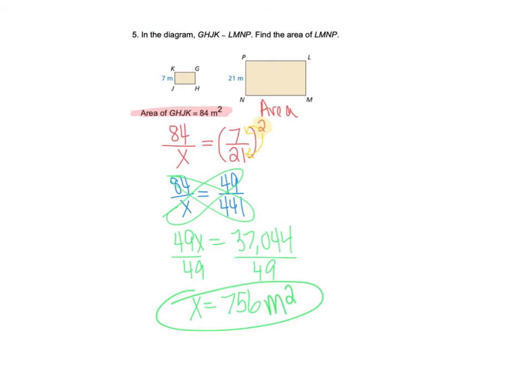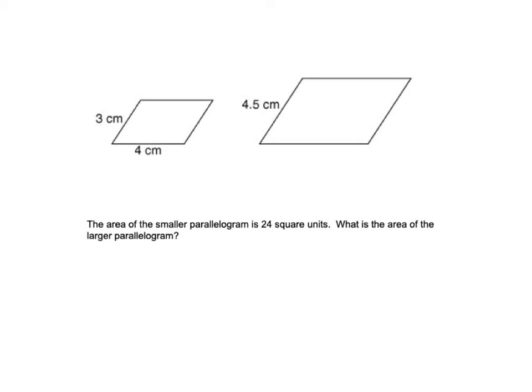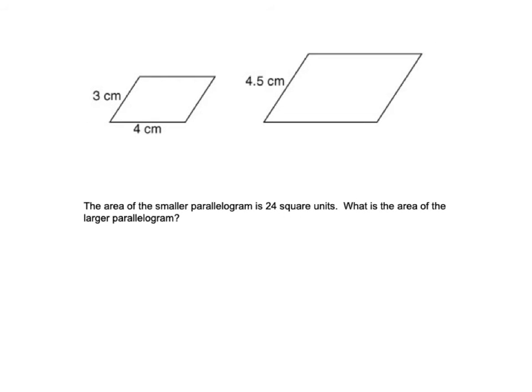Okay, let's go ahead and look at just one more. Here we have a parallelogram, and it tells us in words right below there that the area of the smaller parallelogram is 24 square units, and we don't know the area of the larger.